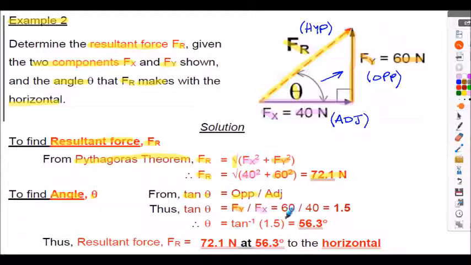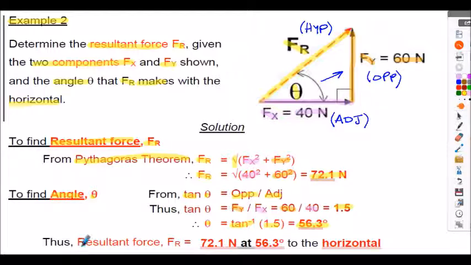So it's simply 60 divided by 40, just the value of 1.5. So to find the actual value of theta, we have to take the inverse tangent, sometimes displayed as arctan or tan to -1 of 1.5, and the button push on my calculator, that evaluates to 56.3 degrees.